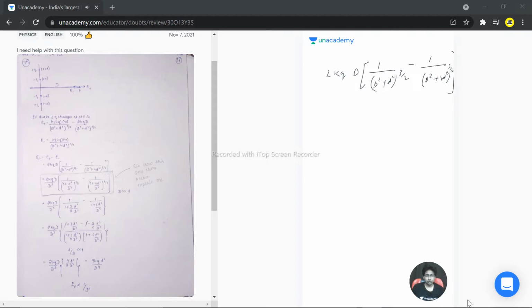Now we need to solve one more. So capital D is very much greater than small d. Now the thing is, this is as it is.